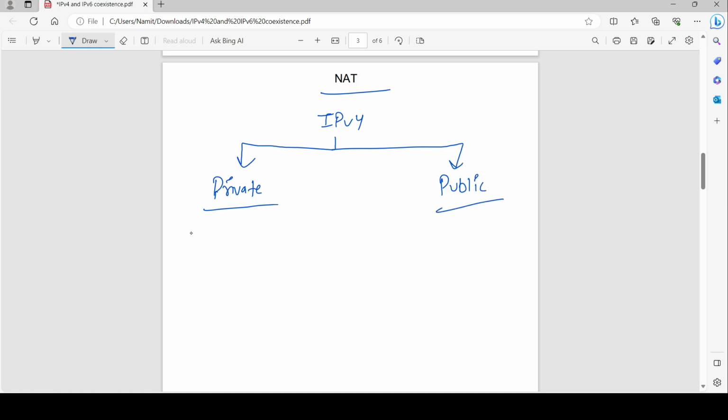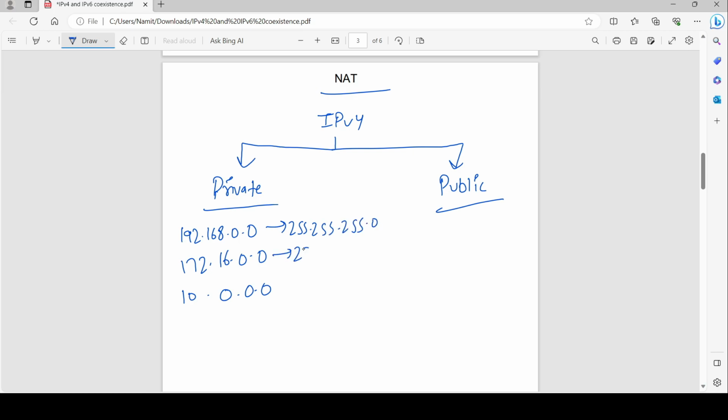The private IP addresses look something like this. The address would look like this, or from the 172 class it is like this, or from class A it is like this. Subnet mask, we already know what the subnet mask would be for it. It would be 255.255.255.0.